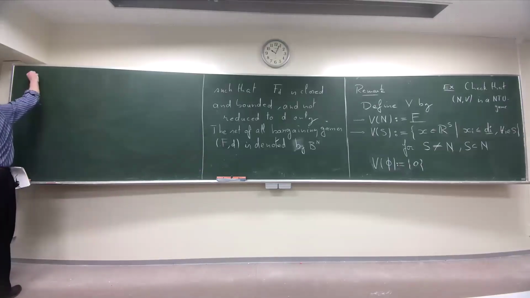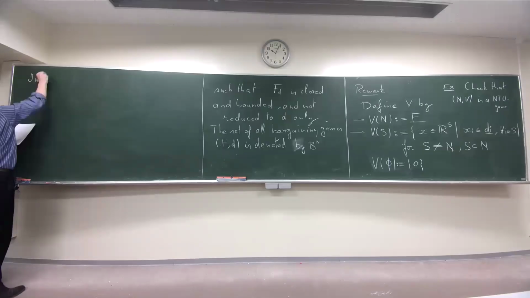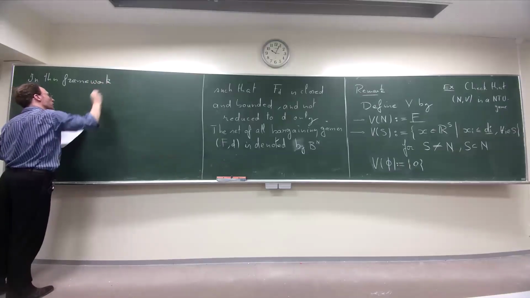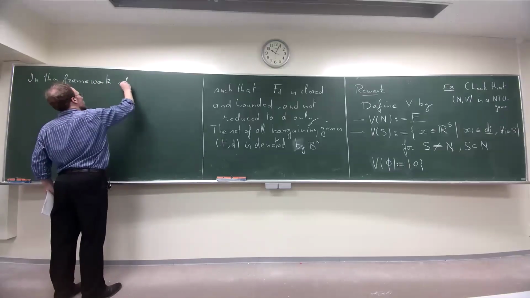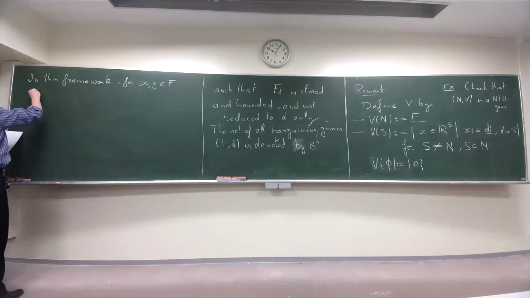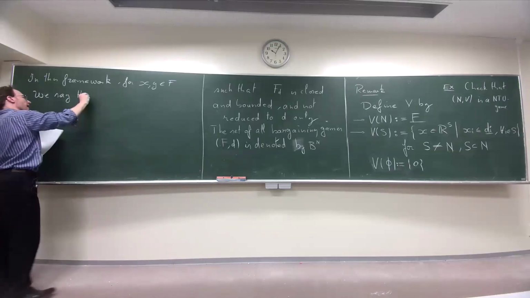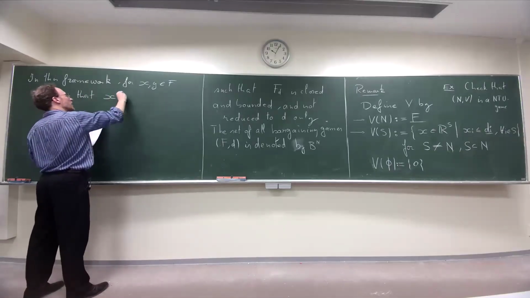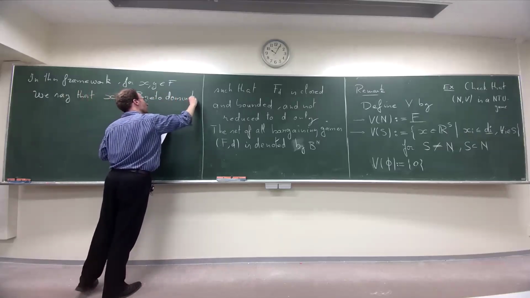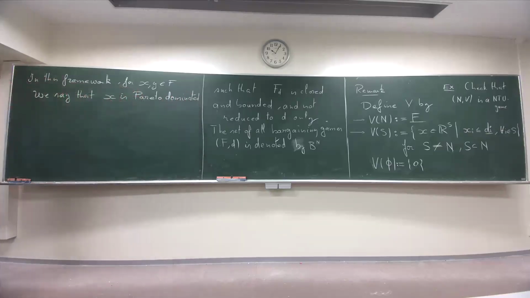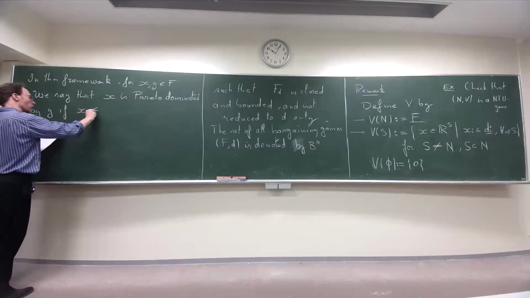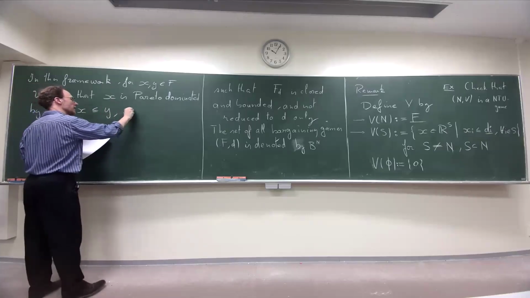Now, let me just say, in this framework, probably for some historical reason, for x and y belonging to F, we say that x is Pareto dominated by y, Pareto being an Italian mathematician, if x is smaller or equal to y and x is not equal to y.